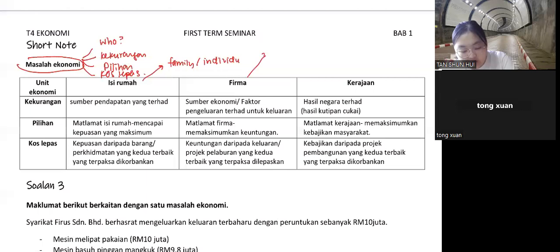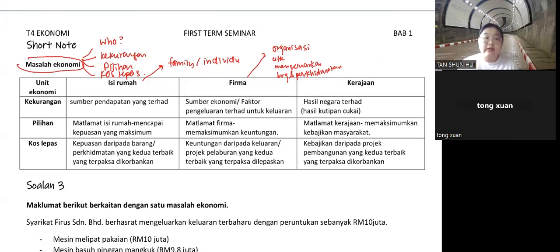Then firma is normally an organization that aims for money, or you can say untuk mengeluarkan barang. How about kerajaan, government? Government is the one that has a law. They can intervene in the law, strengthen the law, and enforce the law.